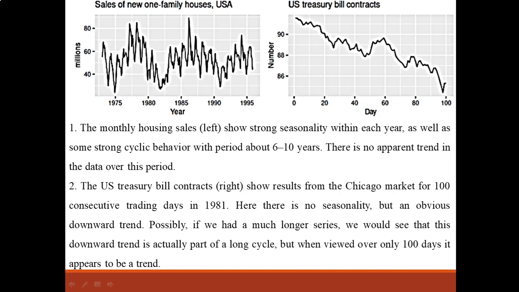We find there is a downward trend. Possibly, if we had a much longer series, we would see that this downward trend is actually part of a long cycle. But when viewed over only 100 days, it appears to be a trend.